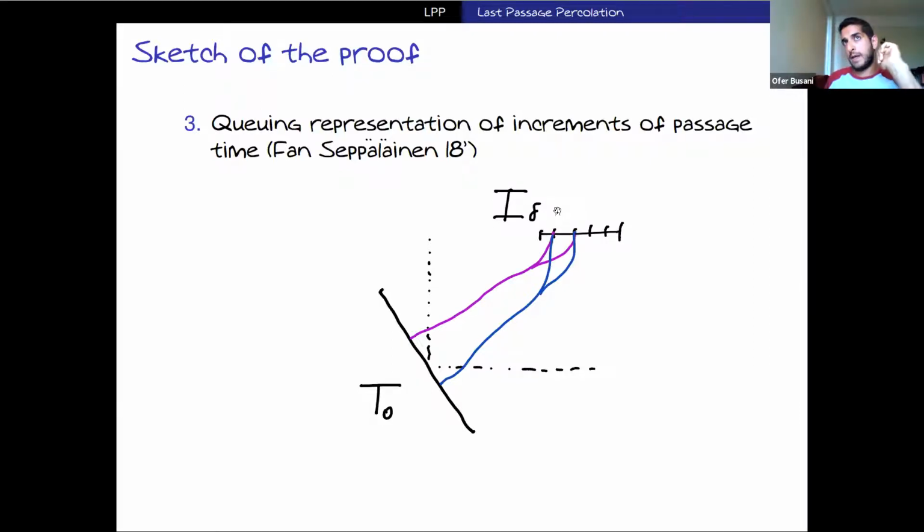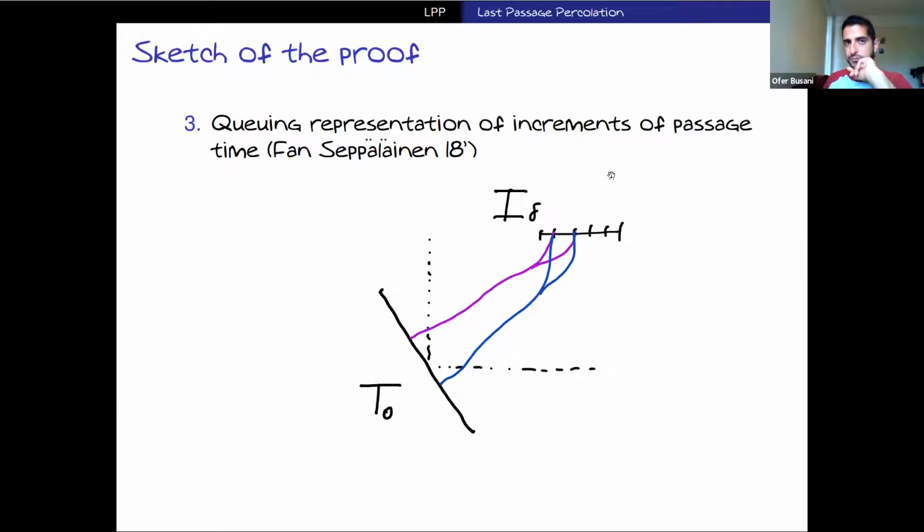And since by the first step we show that they envelope the red and the black geodesics, this would mean that the red and the black geodesics are coalesced before reaching B delta.